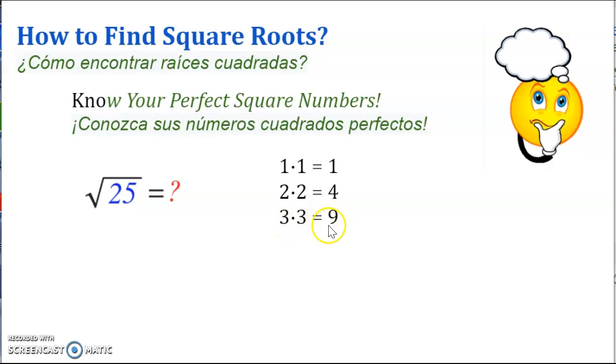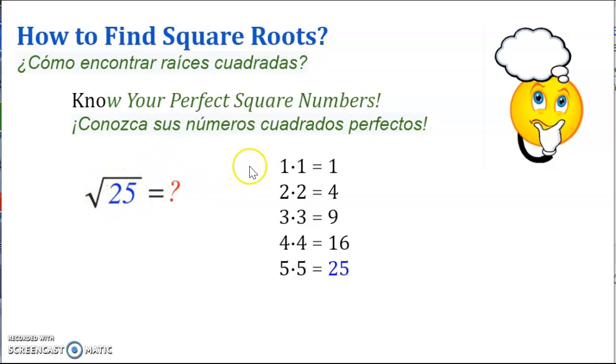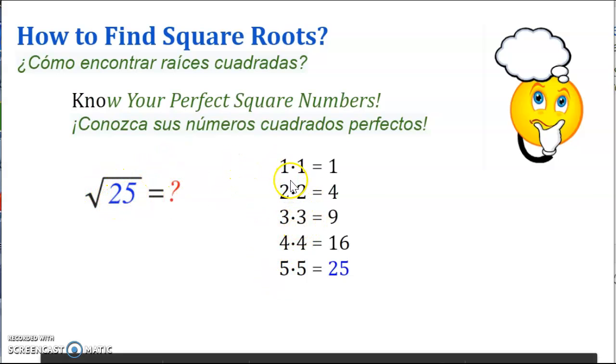And 3 times 3 is 9. And 4 times 4 is 16. And 5 times 5 is 25. So you go through the list of perfect squares until you get to 25. Hopefully you know your multiplication tables, so you know what number multiplied by itself twice gives 25. You should know that 5 times 5 is 25. That means the square root of 25 is 5.